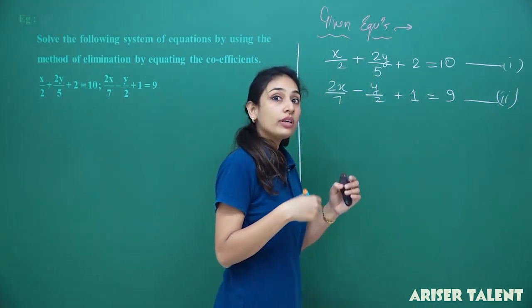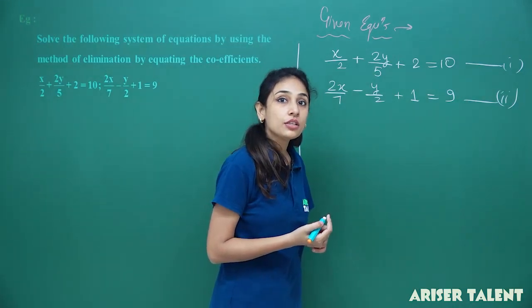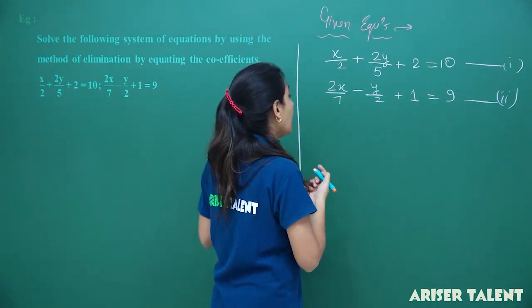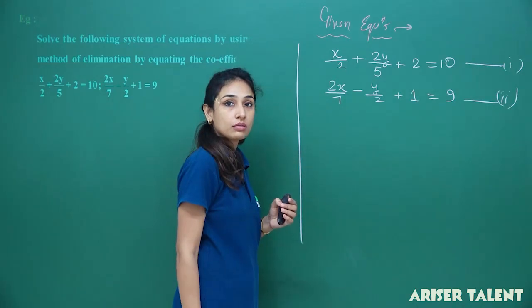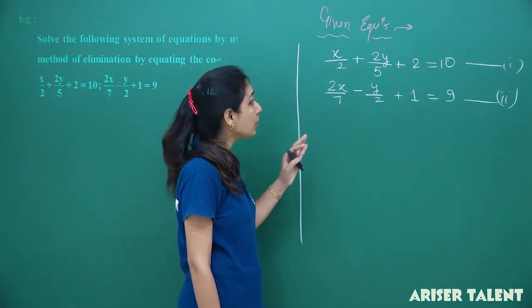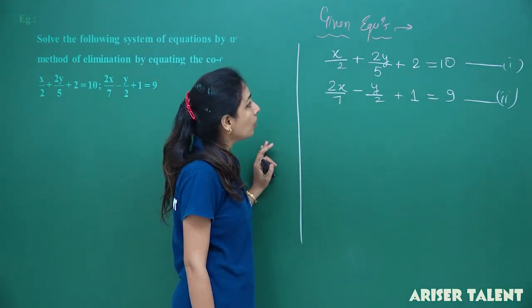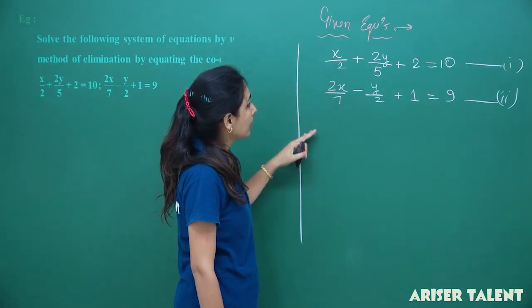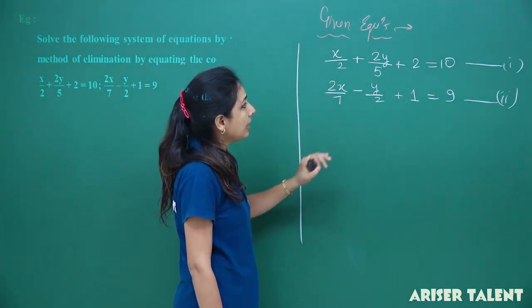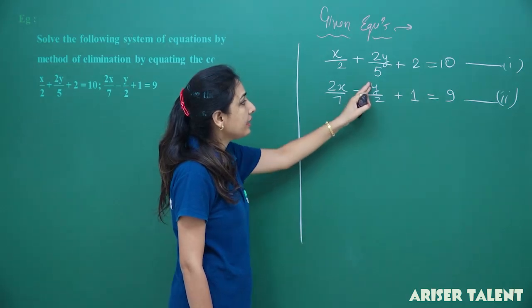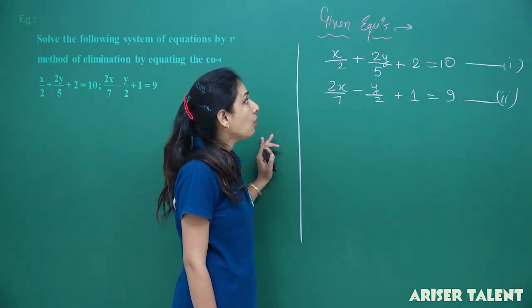Now, what is your procedure for elimination? You first have to equate these coefficients. How will you be equating these coefficients, students? Here it is 1 by 2, here it is 2 by 7. What can I do?